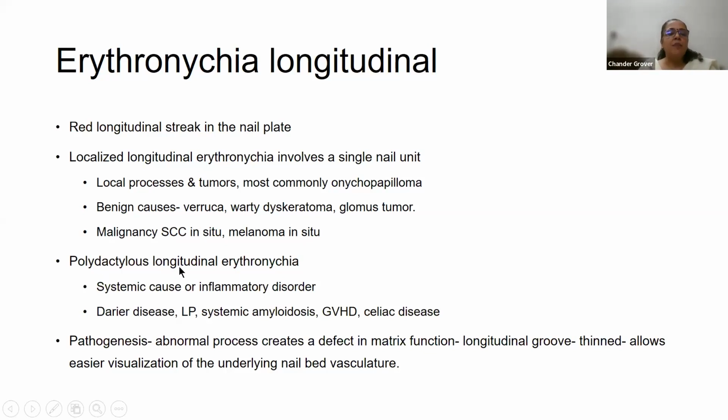Polydactylous, that is present in multiple nails, longitudinal erythronychia generally has systemic causes or inflammatory disorders associated, including Darier's disease, LP, systemic amyloidosis, GVHD, celiac. Pathogenesis here is abnormal matrix, longitudinal groove, significant thinning of the nail, allowing you to see the underlying nail bed.